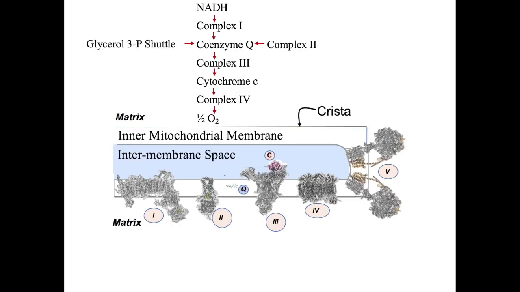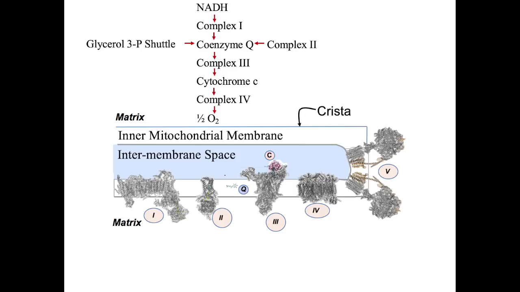From complex 3, electrons are donated to cytochrome C. Cytochrome C is a small protein shown in red here. It is indicated by the letter C in this diagram, and it is shown attached to complex 3. It's going to transport electrons from complex 3 to complex 4, and it travels in the intermembrane space from one complex to another.